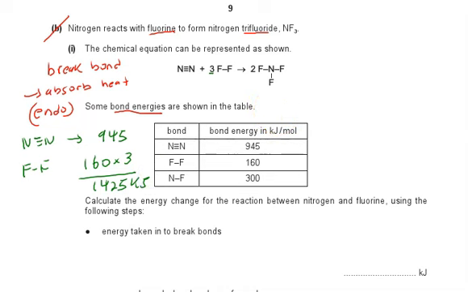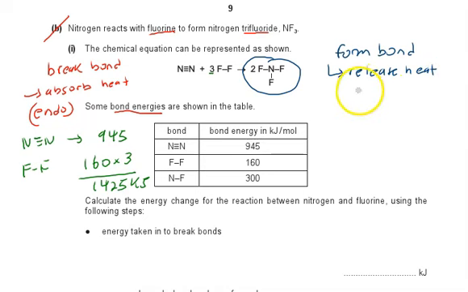Okay, now over here they need to form the bonds. When you form a bond, you release heat. So releasing heat, you end up with exothermic.